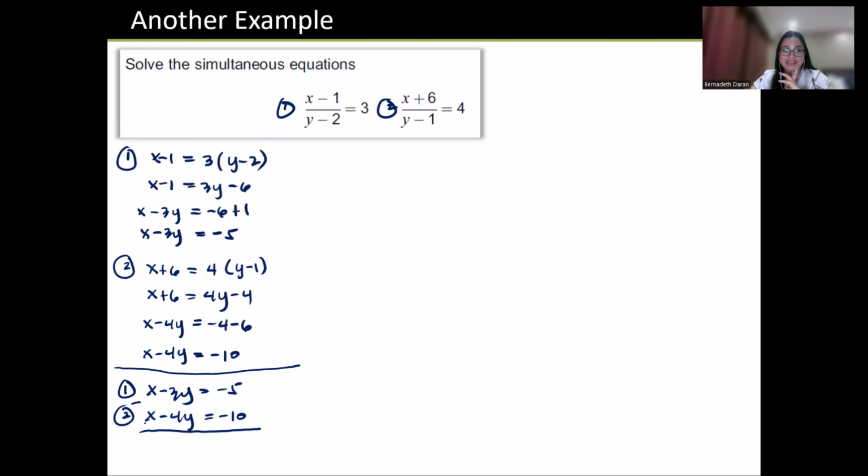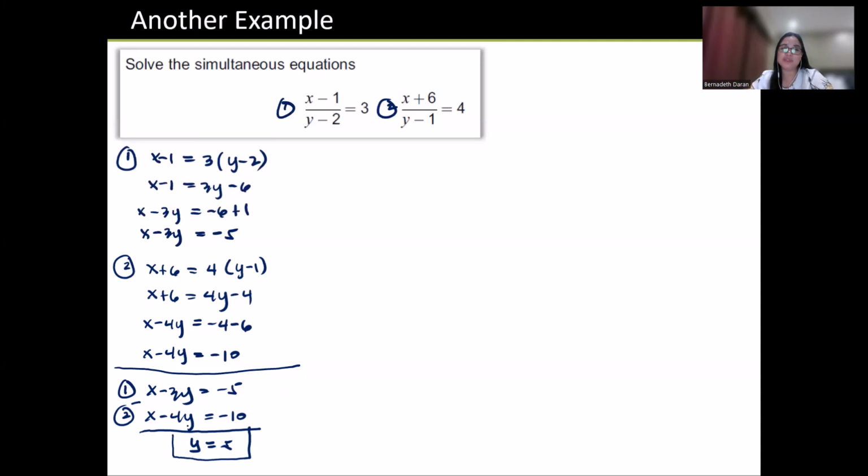Because x minus x is going to be 0. And negative 3y minus negative 4y is equal to y. And this is equal to negative 5 minus negative 10. That is going to be 5. So therefore, the value of our y is equal to 5.